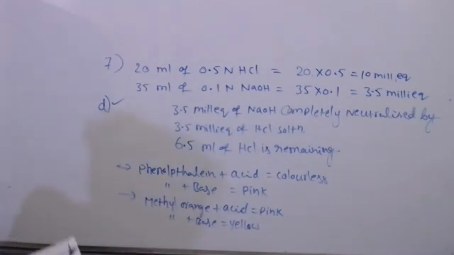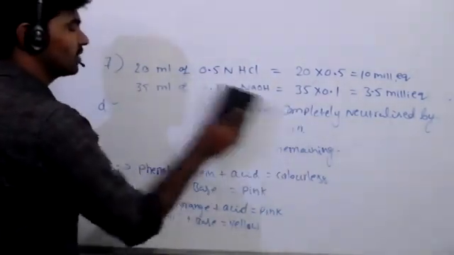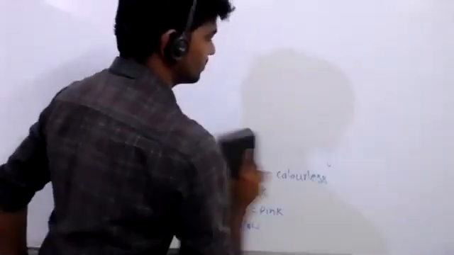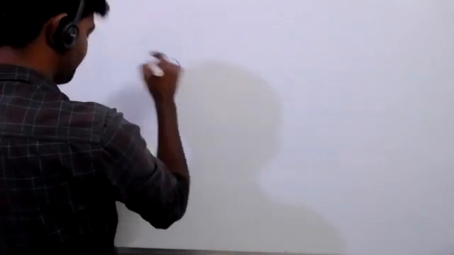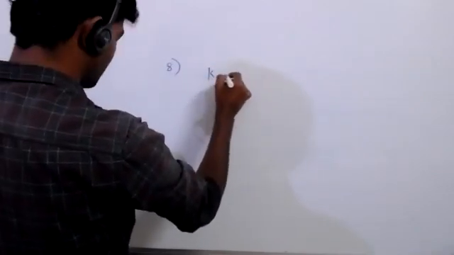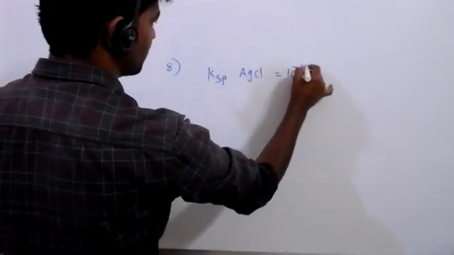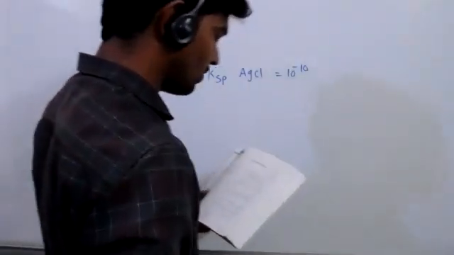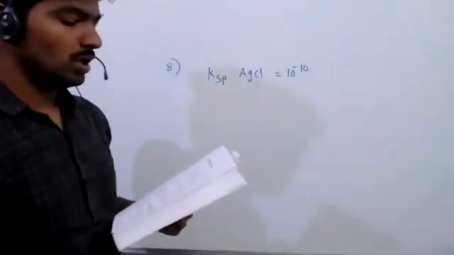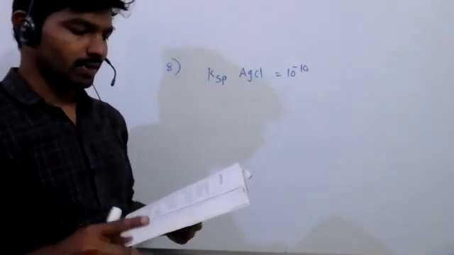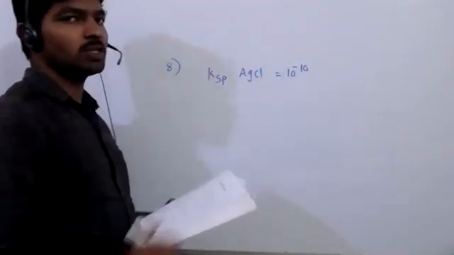So here we need to compare the ionic product and the solubility product. In the eighth one, the solubility product is already given: Ksp for AgCl is 10 power minus 10. It means if you multiply the concentrations of the solution in options A, B, C, D, whichever gives more than this undergoes precipitation.